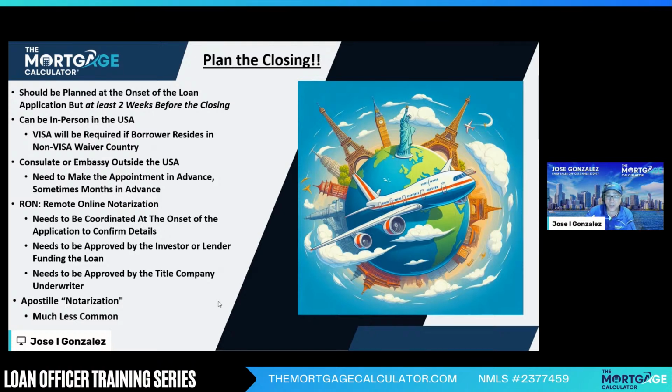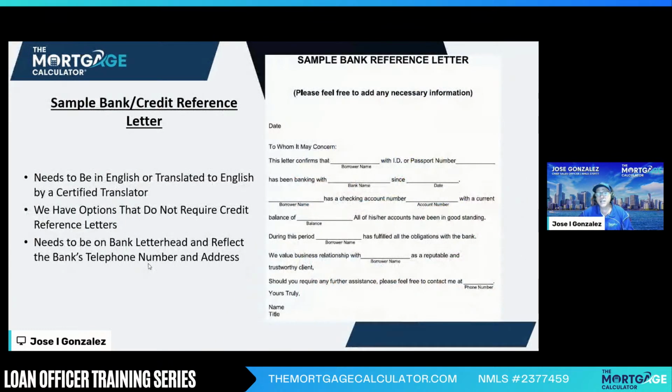So a foreign national loan could be the easiest one you do in terms of document requirements, but the toughest one that you do in terms of logistical planning. And one thing I did want to note, remember all the documents, if the documents are provided in a foreign language, they need to be translated to English. So all these sample reference letters that we have are available in English, and I think also available in Spanish.